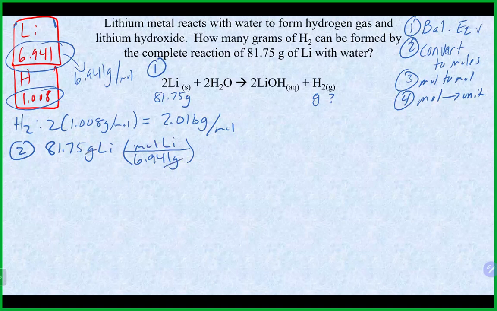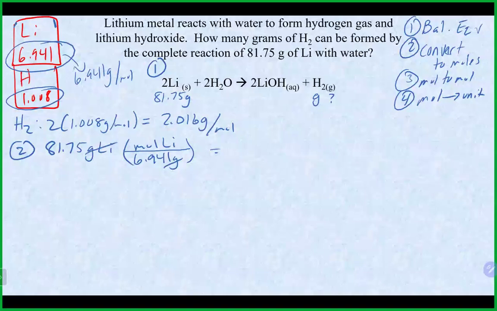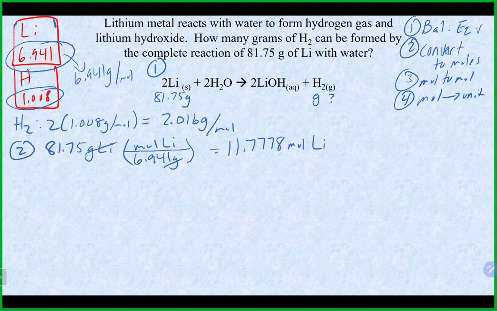Once again, you don't really need to get an answer, but I am going to do it just so you can see again all the steps. So we'll get something like 11.7778. Again, I'm not going to round too much at this point. That takes care of converting to moles.